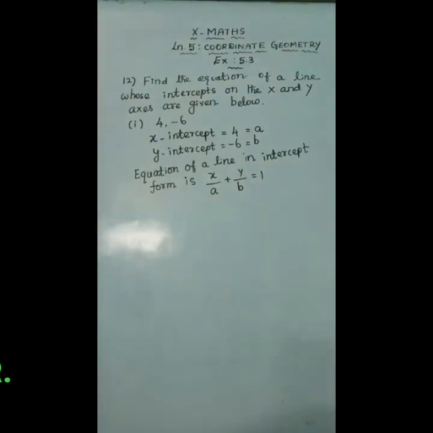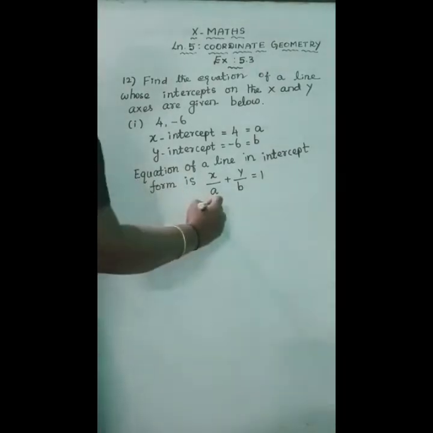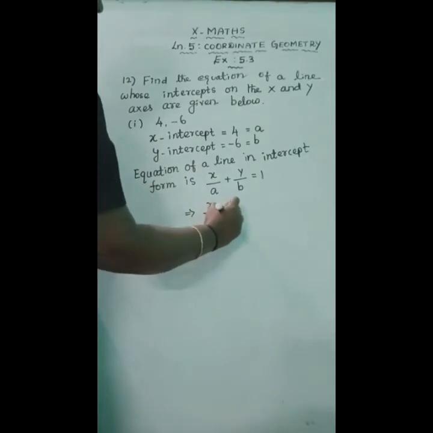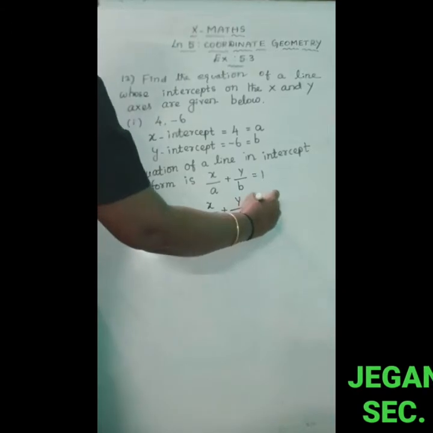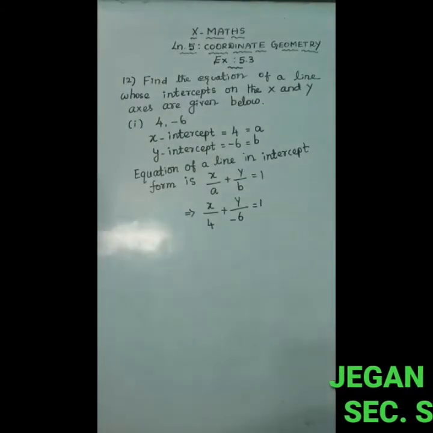So, this is the equation for the line in intercept form. Here we substitute the given values. So, x divided by 4 plus y divided by minus 6 is equal to 1.